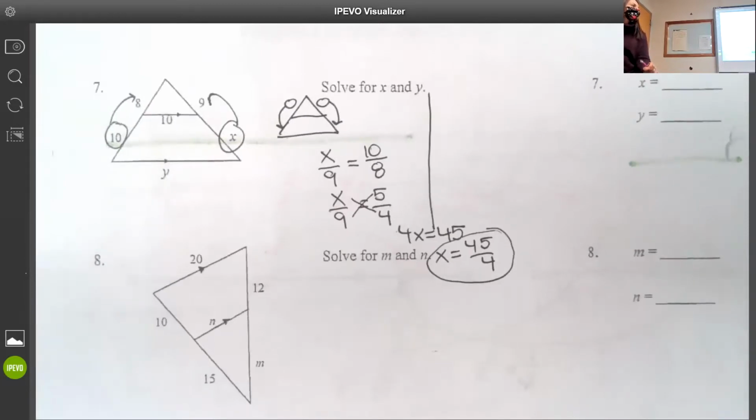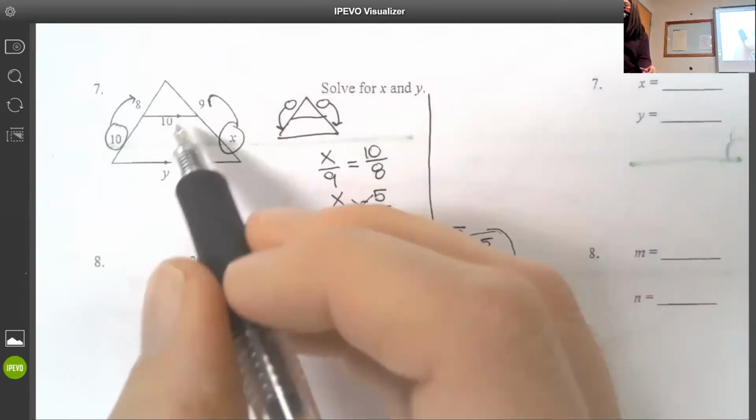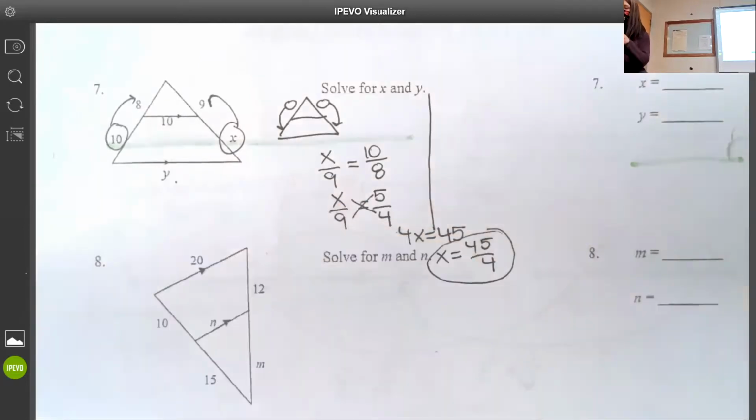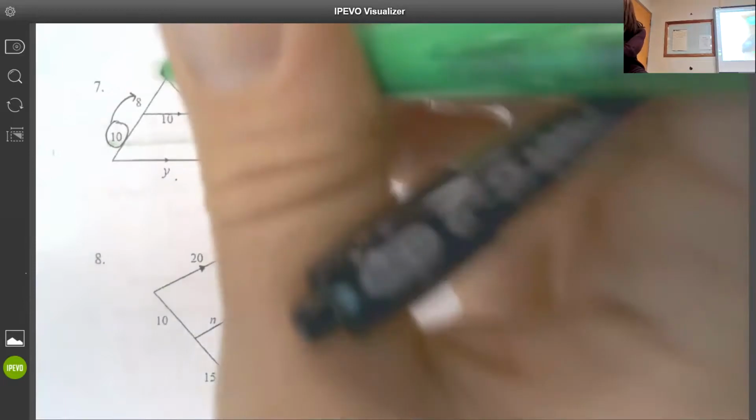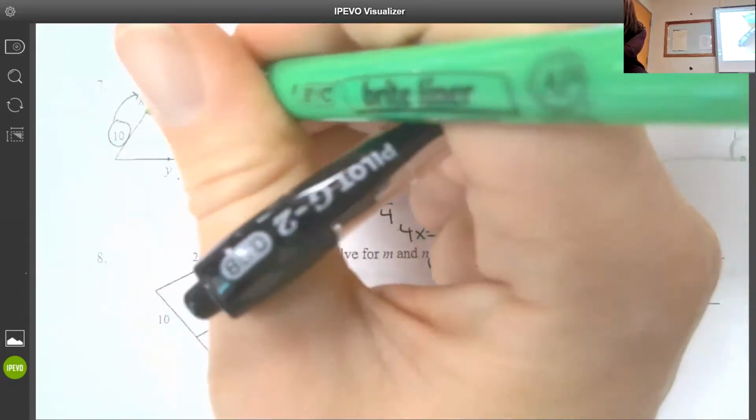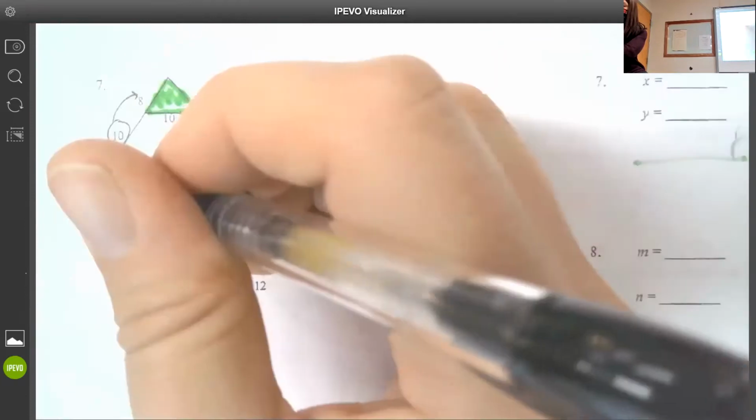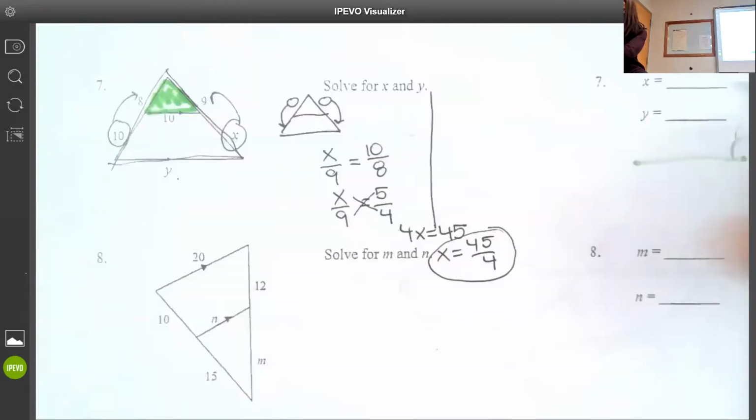But to solve for y, this is not part of a side to part of a side. Here's a small triangle inside a bigger triangle.